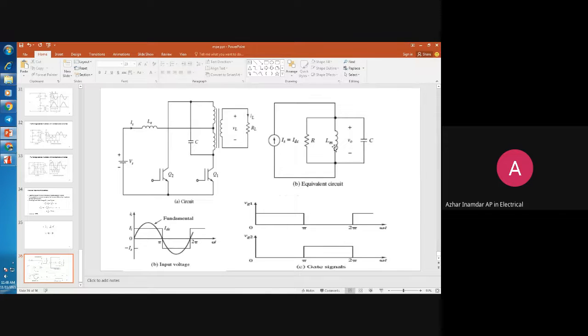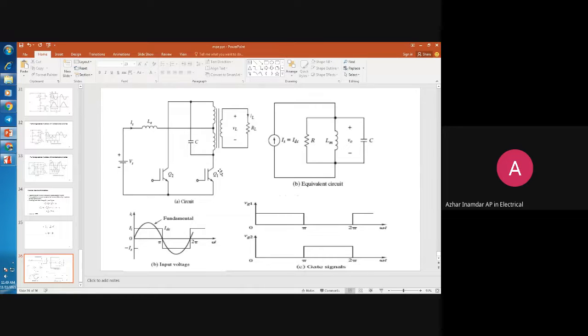Okay, so now the constant current source is switched alternatively into the resonant circuit by transistors Q1 and Q2. The two outer terminals of the transformer primary are connected to the negative of the DC source via these two switches Q1 and Q2.